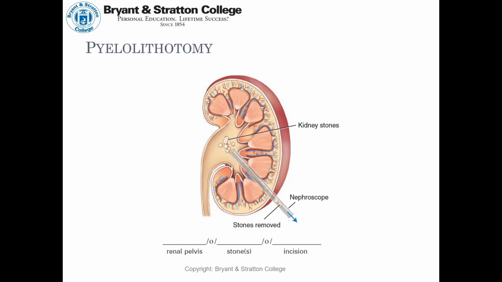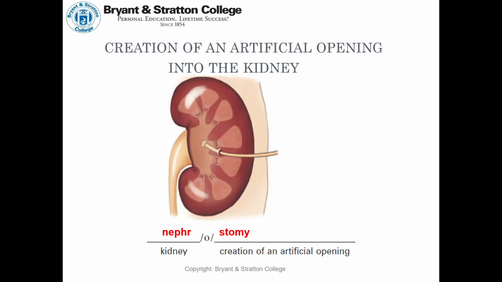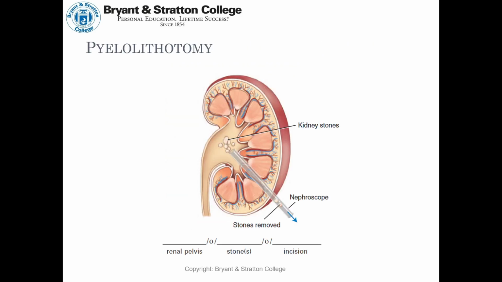So again, this is a condition of stones in the pelvis that are being removed via an incision. So this is a tomy, specifically making an incision, whereas a stomy is just an artificial opening. Okay, so if we were to go back and perform a nephrostomy, we're essentially making an artificial exit point that is going to stay an exit point.